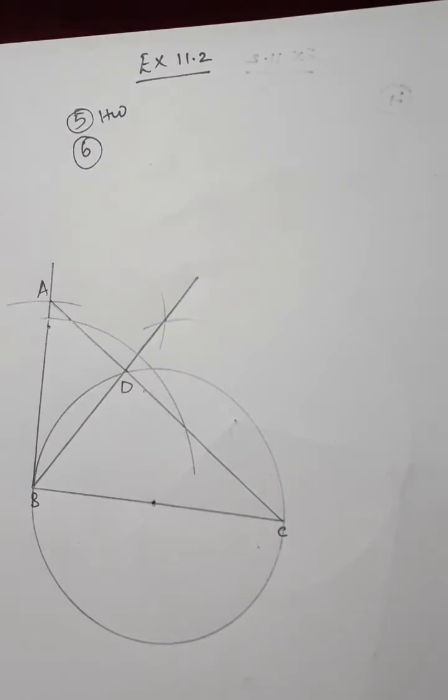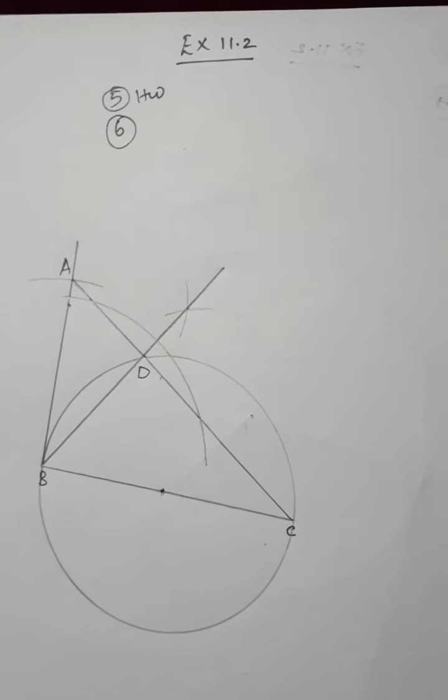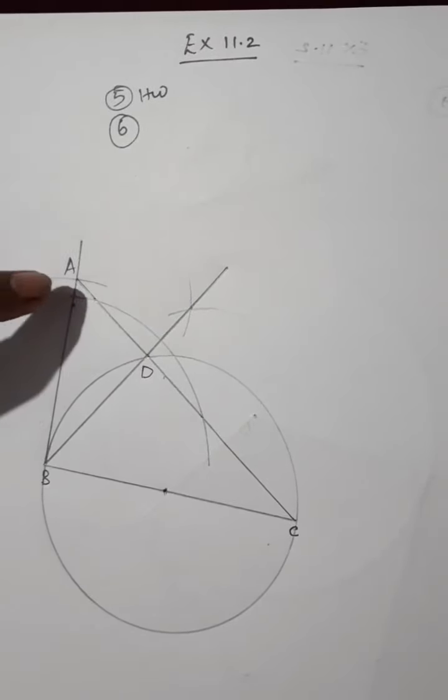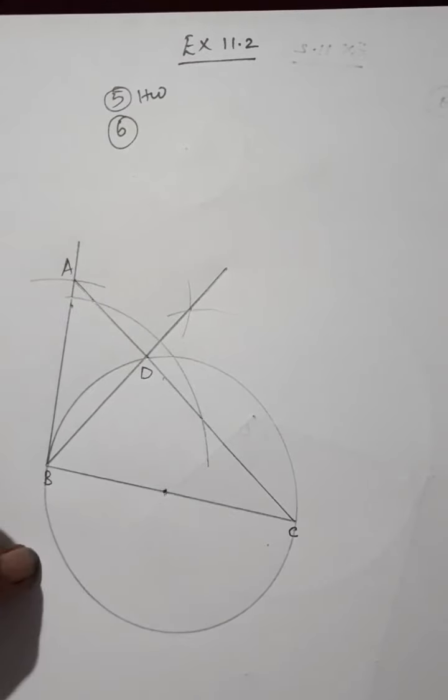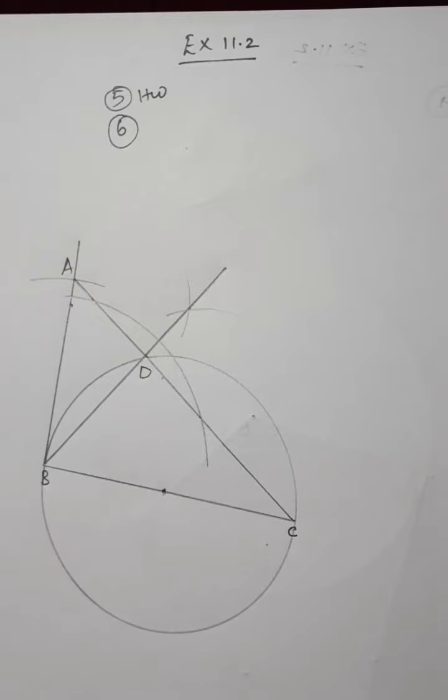Okay. Next step, we need to construct tangents from the point A to this circle. This is the circle.